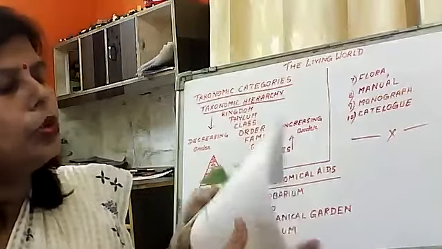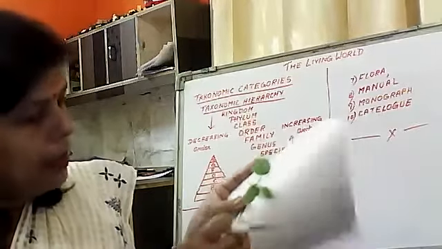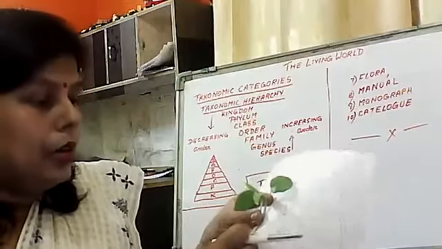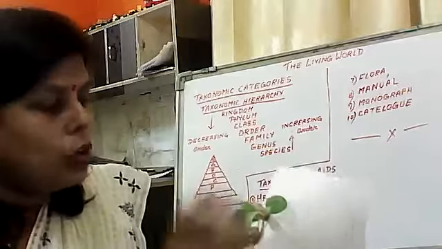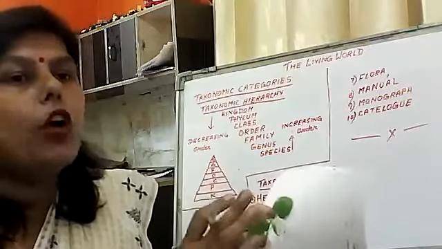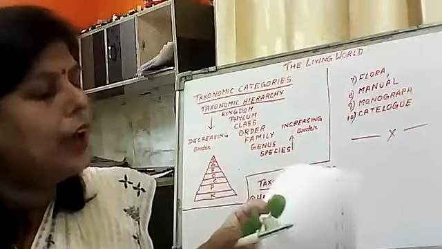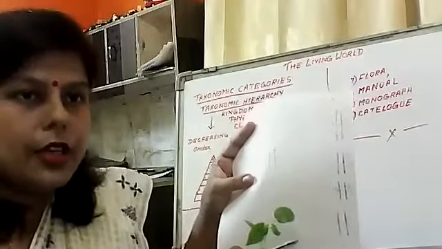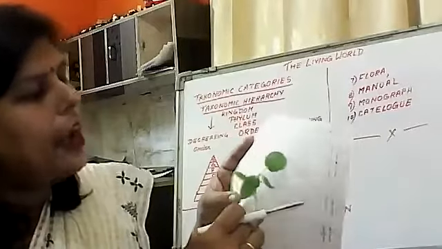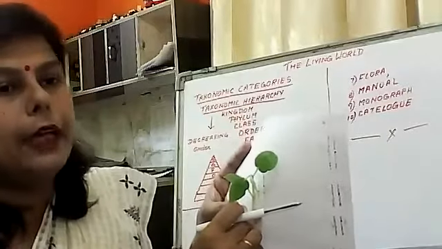First, I have to put it inside a book till it becomes dry. So when it is dry, maybe for 1 week you have to keep, and when it is dry, you take a white sheet, usually chart papers. There you have to paste it properly.